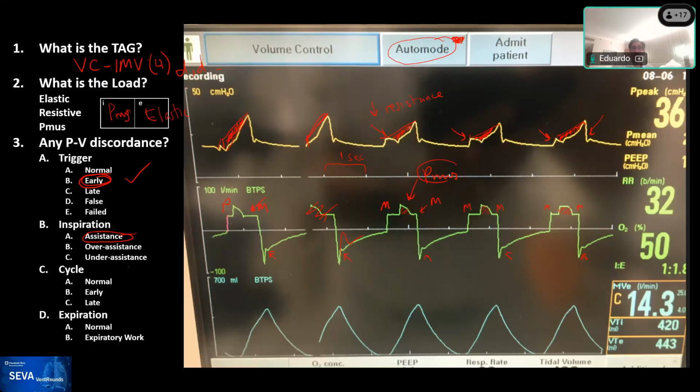It definitely distorted the pressure waveform, but it didn't drop it below the baseline. And I think that your observation that this is not under assistance because of that is key. It doesn't drop below the PEEP. And the reason why it doesn't drop below the PEEP is because the ventilator has this dual targeting that avoids that.